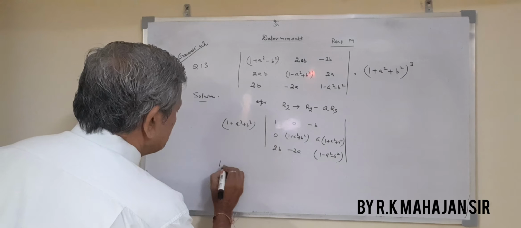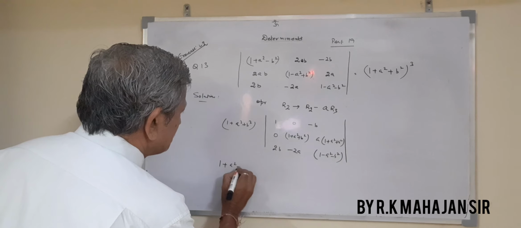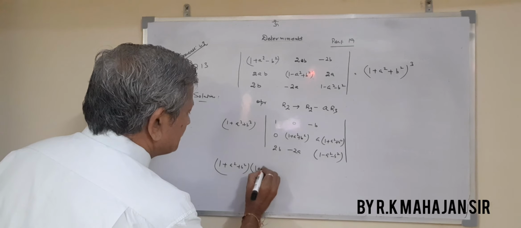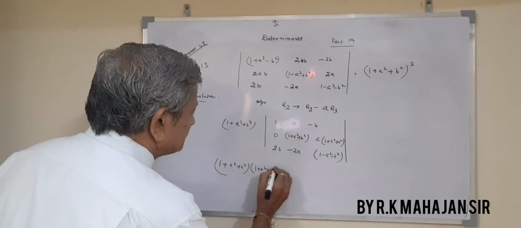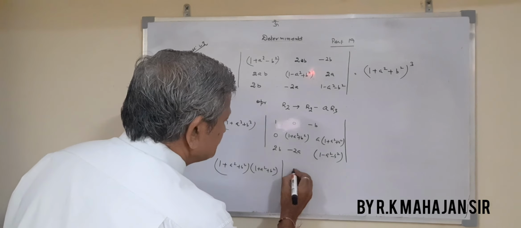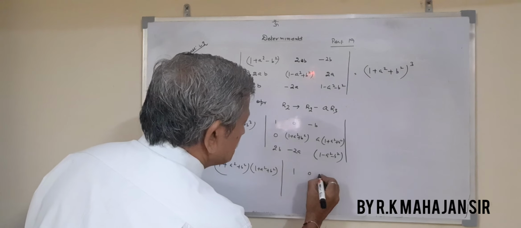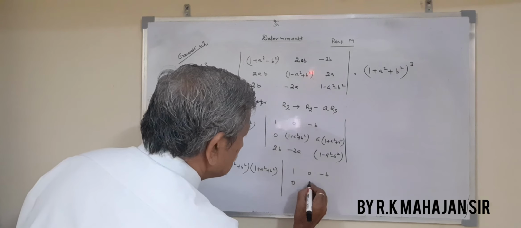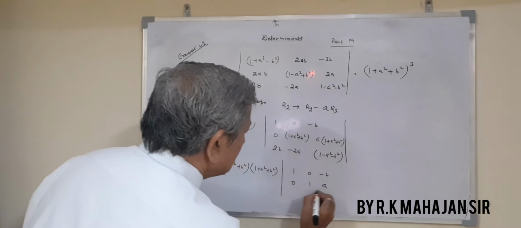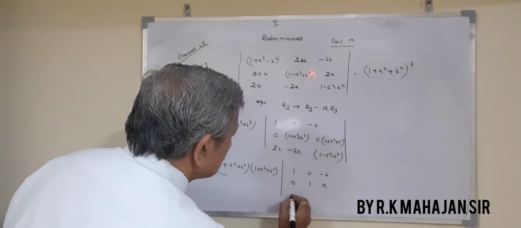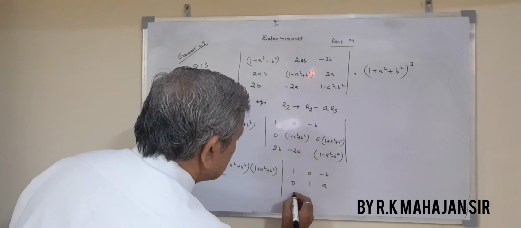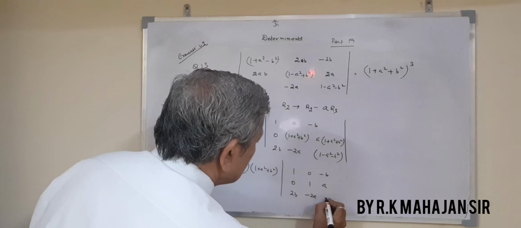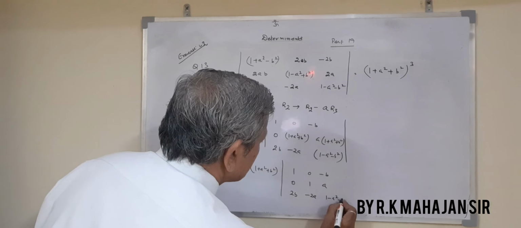So your value will come out 1 plus a square plus b square, and you are left with 1, 0, minus b, then 0, 1, a, and then 2b, minus 2a, and 1 minus a square minus b square.